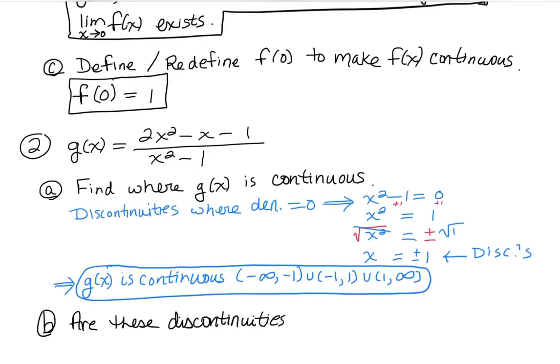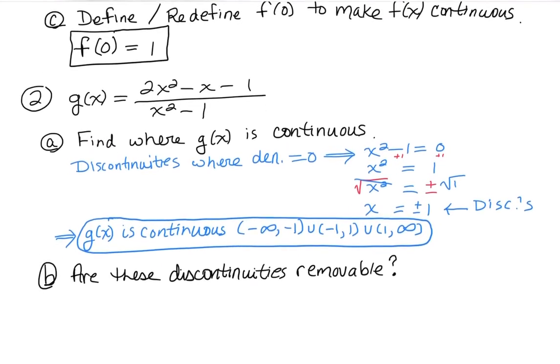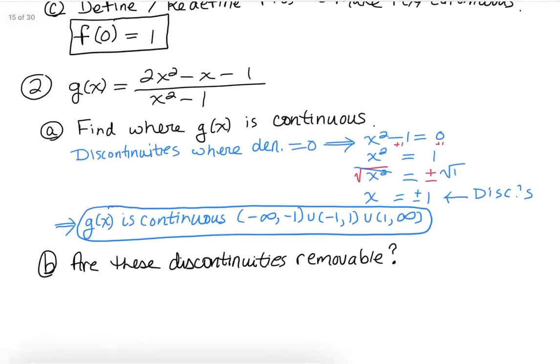So are these discontinuities removable or non-removable? But it's easier to say, are they removable or not? Okay, so remember the idea here is that they're removable if their limits exist. So I really just want to investigate the limits as x approaches each of these values here.